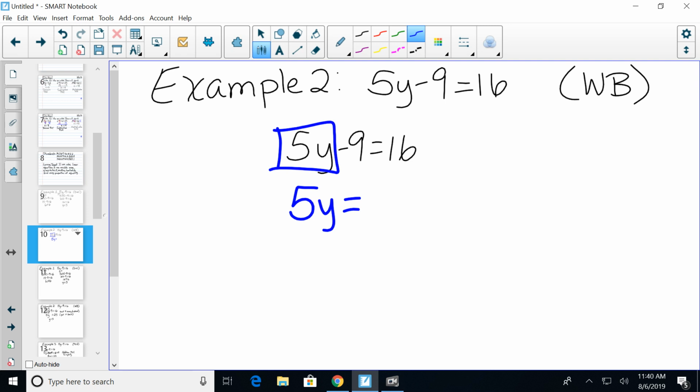I took 9 originally, but I got to put them back. So if I put 9 back, how many do I have? I have 25. 9 plus 16. I took 9 and I had to put 9 back. So if I put 9 back, how many do I have? I have 25.